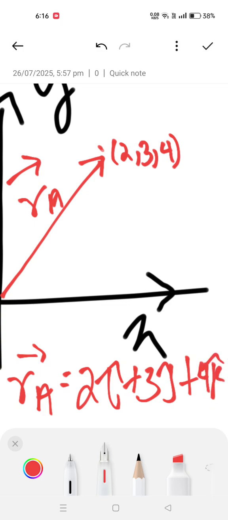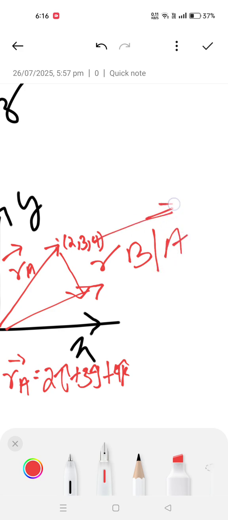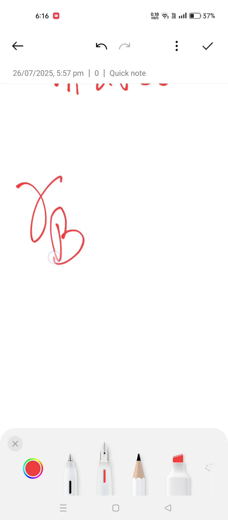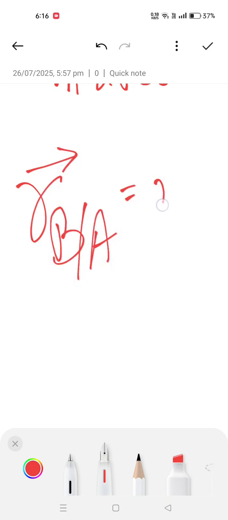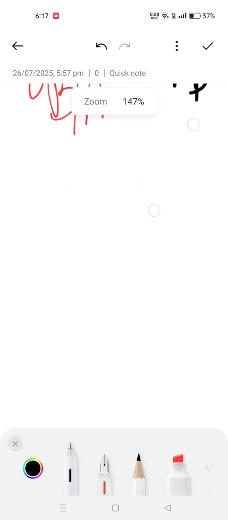If we take another vector from here, RB, this would become RB with respect to A, which is equal to RB minus RA. So simply we can write RB with respect to A is equal to RB minus RA, and similarly RA with respect to B. R is basically the position vector.